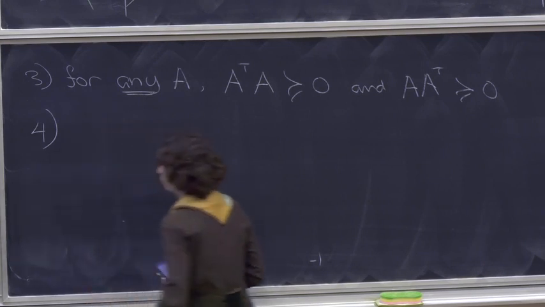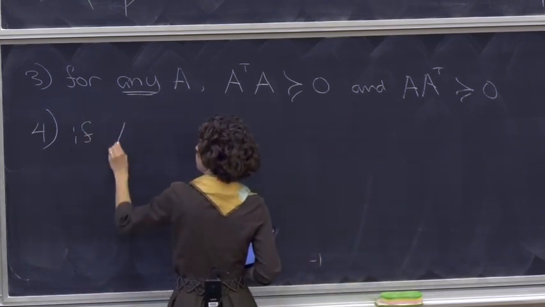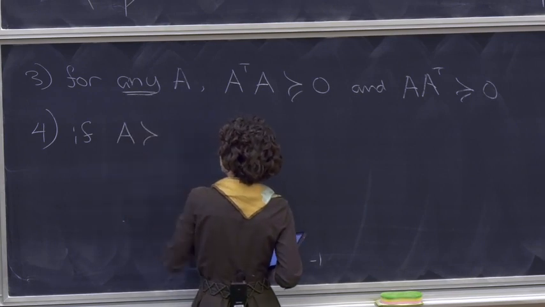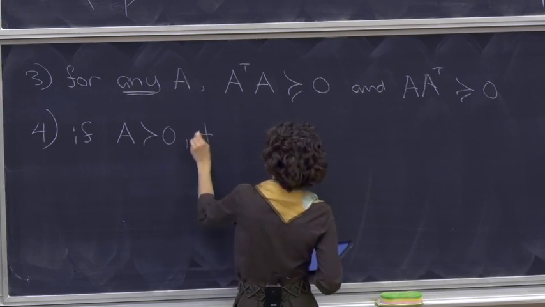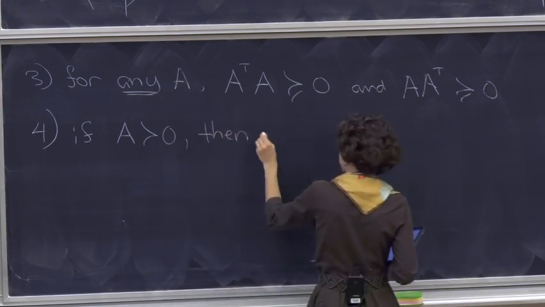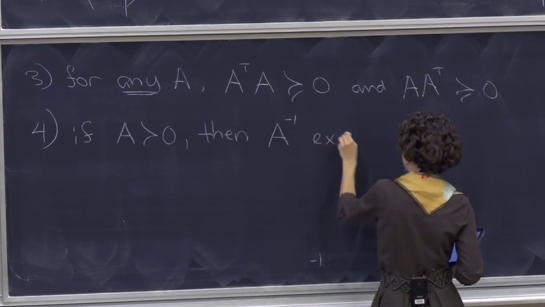And here's another one that's incredibly important for least squares. If we have a matrix A that is positive definite, then A inverse exists.